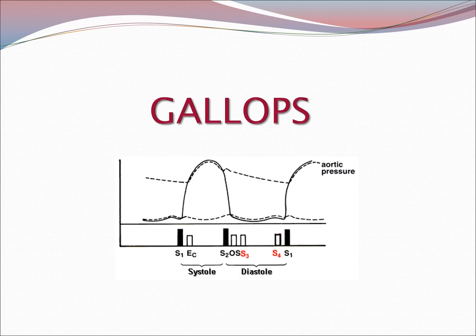S2 is the onset of diastole and represents the closure of the aortic and pulmonic valve. When the mitral valve opens during diastole, an opening snap may occur if there is a stiffened mitral valve or mitral stenosis.